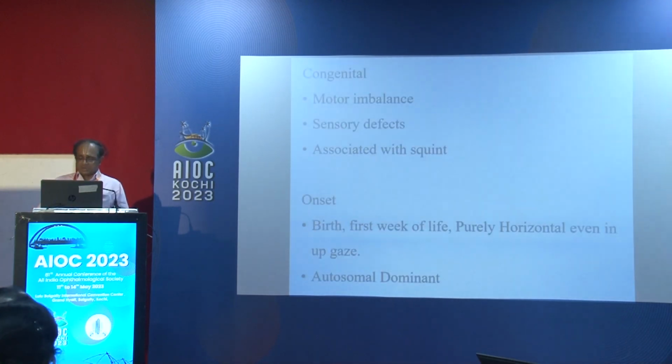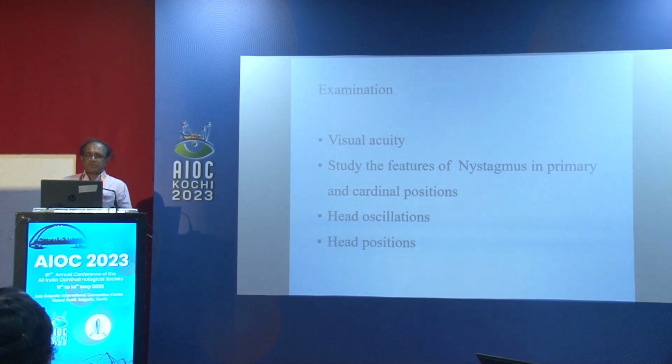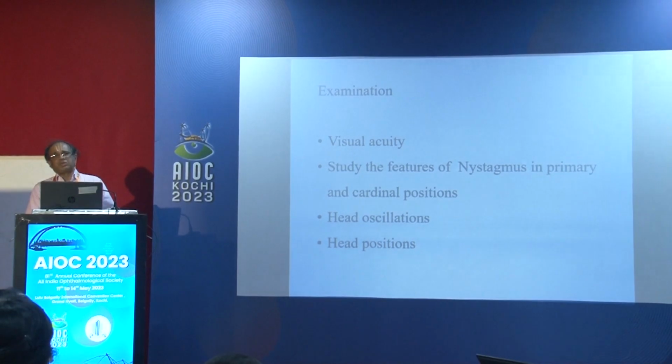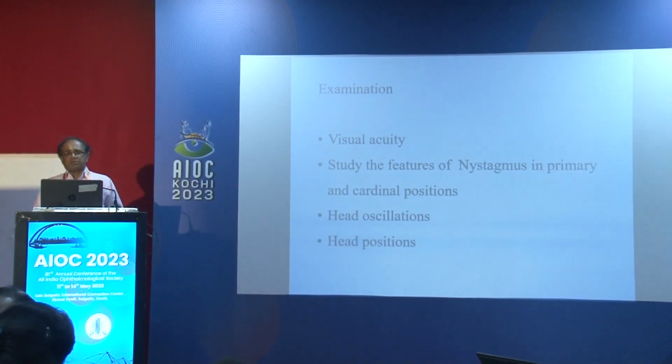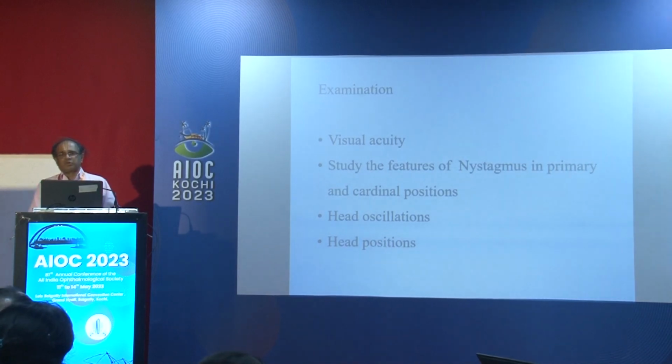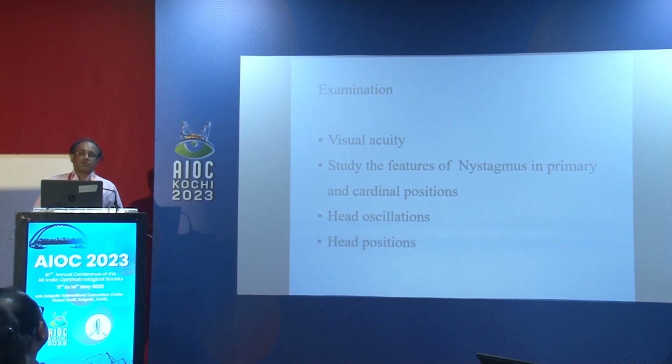So, a study of the features of nystagmus in all cardinal positions of gaze will tell you during which movement or which direction of movement the nystagmus is accentuated. And also we should observe the presence or absence of head oscillations, head position, and we should also try to note where the null point for this nystagmus is.